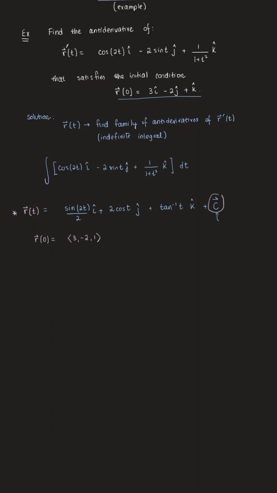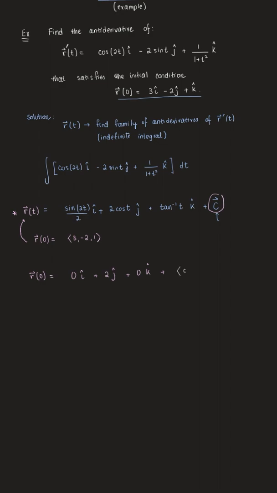Coming back, putting 0 in place of t into our family of antiderivatives, sine of 0 is 0, so we have 0i. Cosine of 0 is 1, so we have a plus 2j. And tangent inverse of 0 is the angle whose tangent is 0, which is 0, so 0k, plus some vector c.